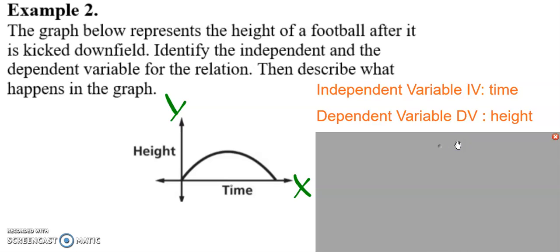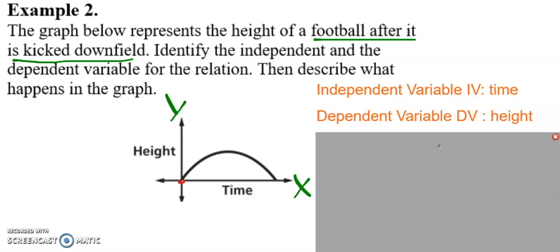Then it says describe what happens to the graph. So this is talking about a football that is kicked downfield. We see that here. A football is kicked downfield. We need to tell the story of this football. What happens when the football is right here?